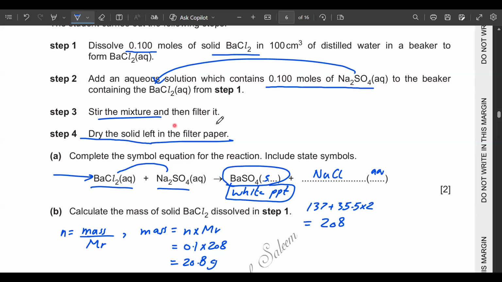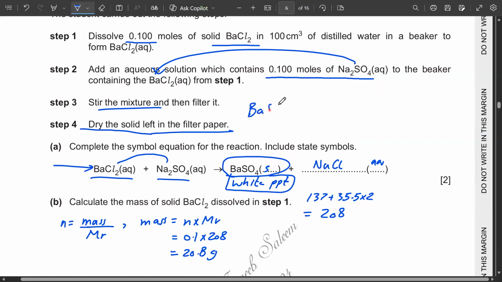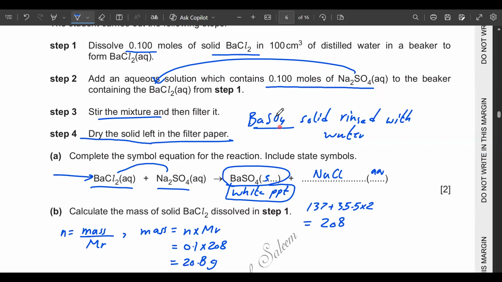So that is where we would say that the evaporation must be done, and we must also get barium sulfate in the form of the solid, so that solid must be rinsed with water. Barium sulfate is already a precipitate, so it must be rinsed with water.